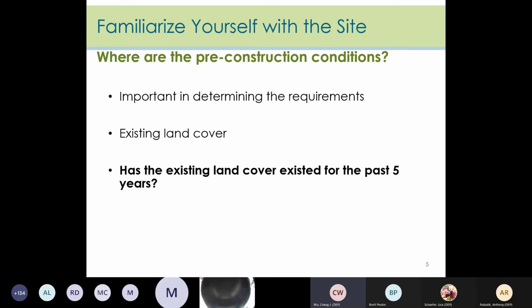So that project came in for the review, and as we said, we want to check whether the project is a major development under the township's stormwater control ordinance. As I just mentioned, the ordinance includes not only the disturbance, but also the impervious coverage.